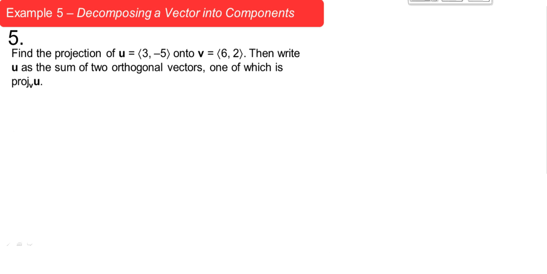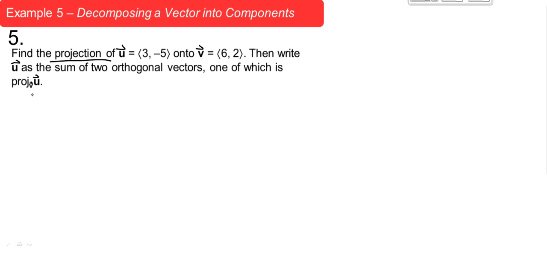So you might want to write some directions here. You want to find the projection of vector u, which is equal to 3, -5, onto vector v, which is 6, 2, and then write vector u as the sum of two orthogonal vectors, one of which is the projection of u onto v. And so I like to break this into two parts.